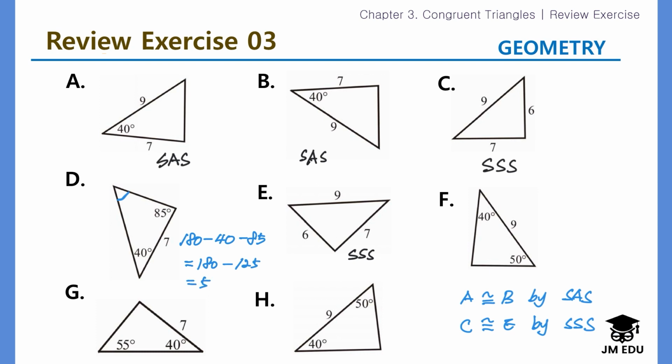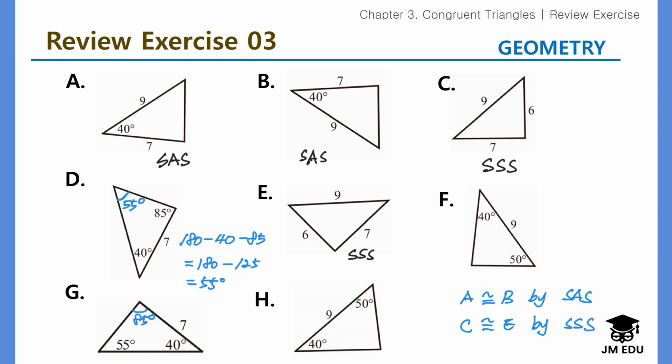So that's going to be 55. So this is a 55. So here we have a 40, 55, 85. So if we look at triangle G, 40, 55, then this must be 85, right? So this is 85.